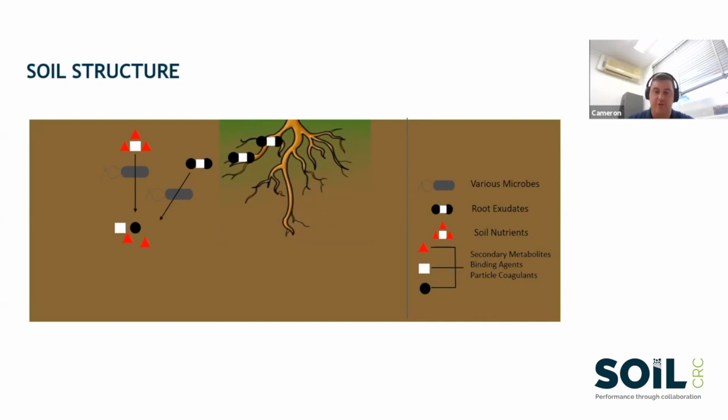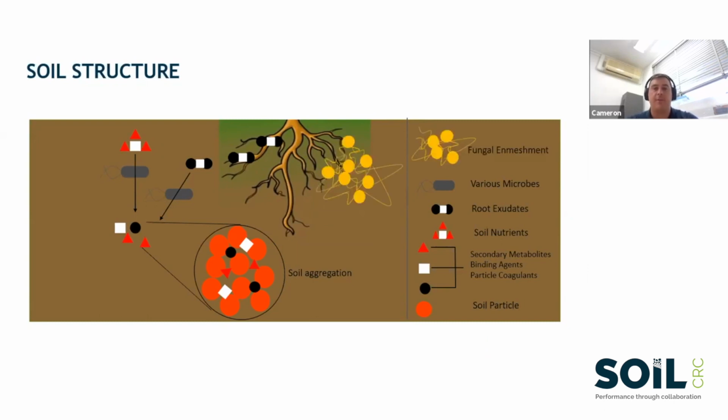And these are then used as binding agents or coagulants. And what you end up with is your soil aggregation, or an aggregate. These form little pockets of clumped nutrients, but also water, basically anything a microbe needs to live and survive. And same with the roots. The roots like to tap into these aggregates.